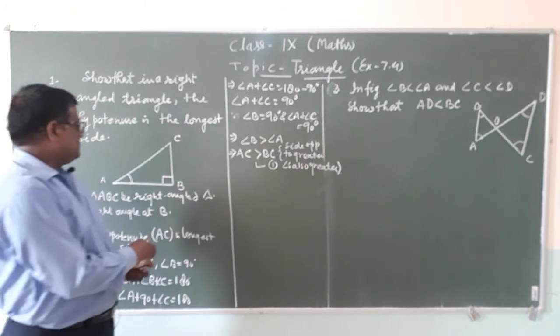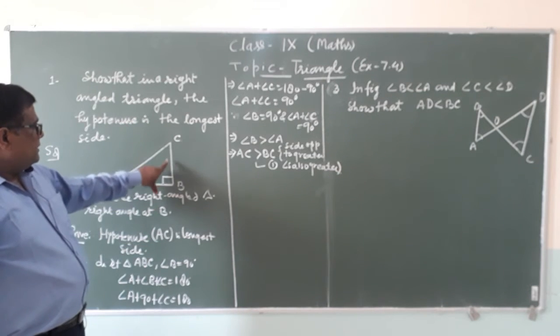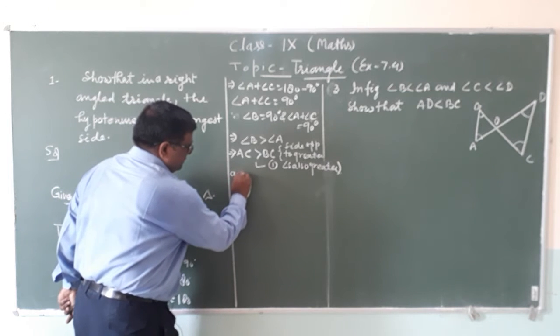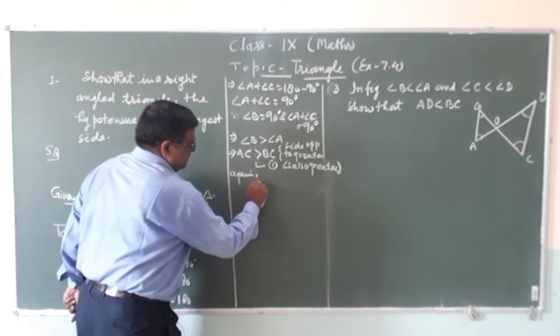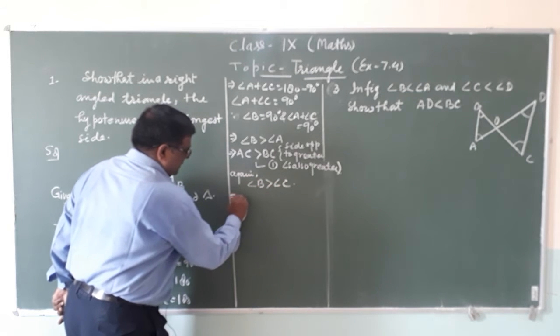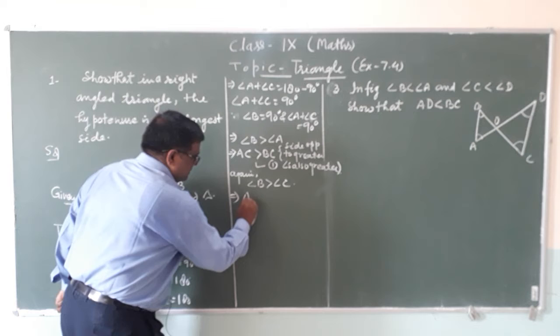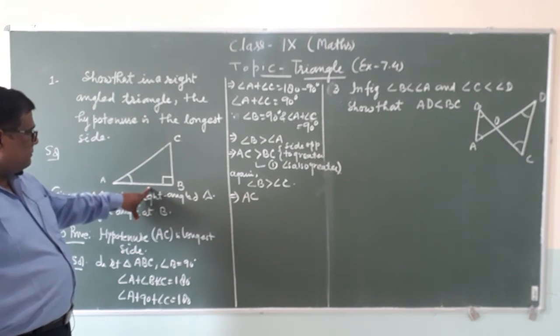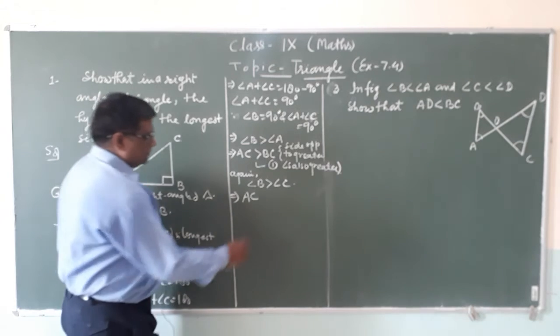Similarly, this angle B is also greater than angle C. This implies that AC, the opposite side of angle B, is greater than the opposite side of angle C, that is AB.